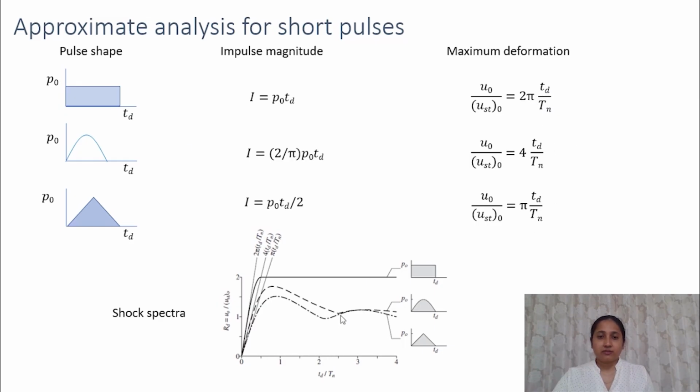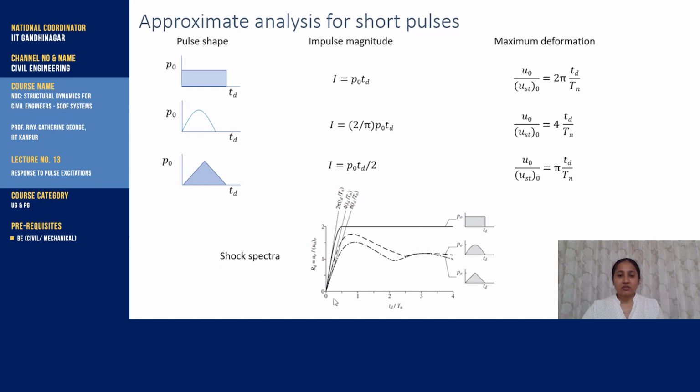So if the duration of the pulse is less than half the natural period, then we can use these approximated expressions to calculate the normalized response.